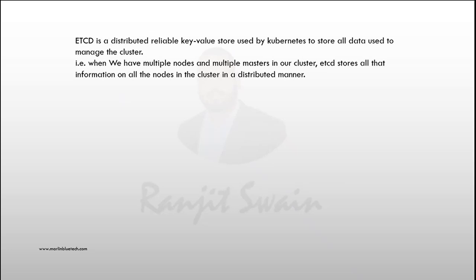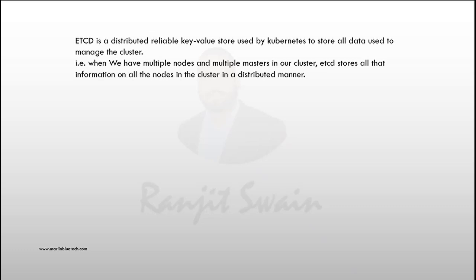Okay. Now, etcd. What is etcd? It is a distributed, reliable key-value store. It is a flat file database. Key-value store means it will be stored in a JSON file, right? What will be the key and value? Name, suppose Ranjit. Name is the key, the value is Ranjit. Similarly, pod is the key, equal to pod A. A is the value, right?